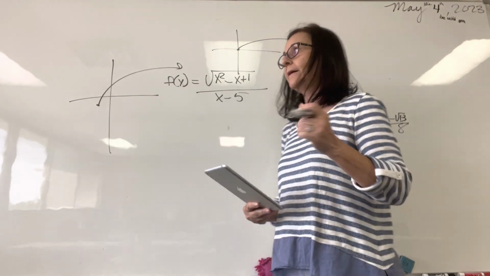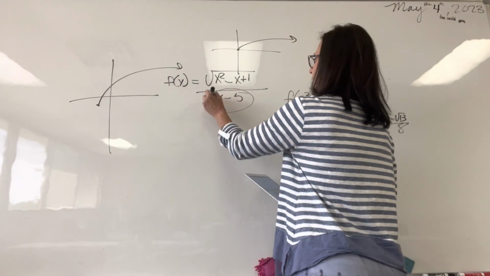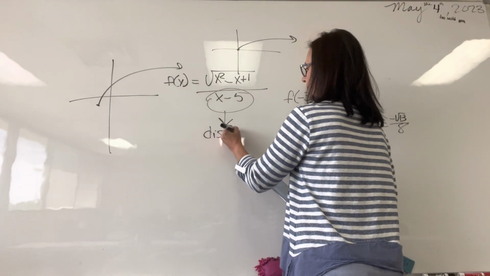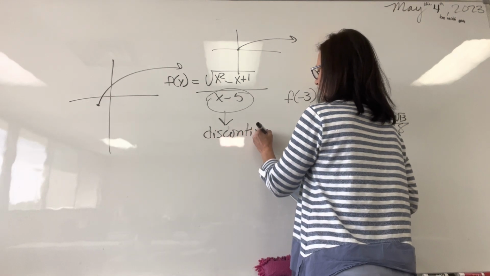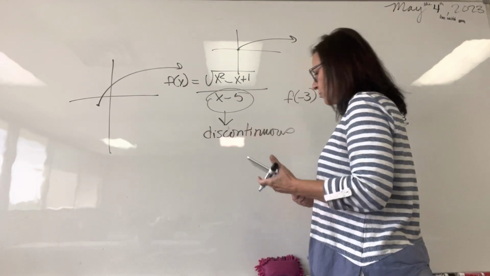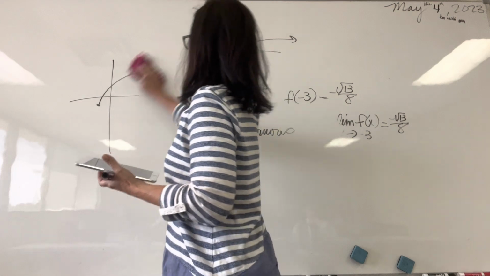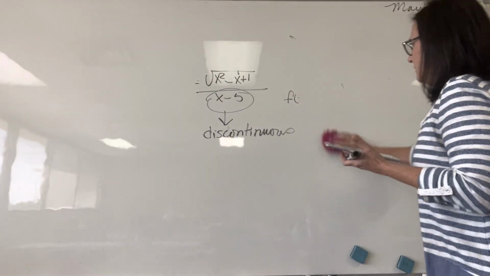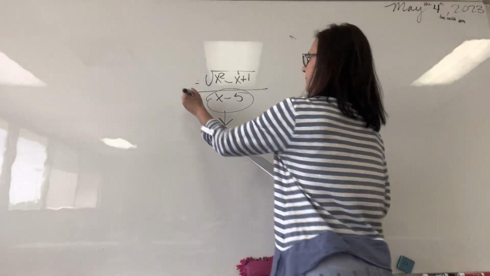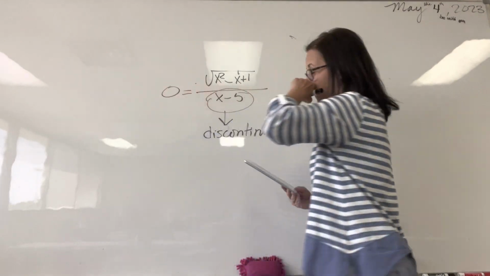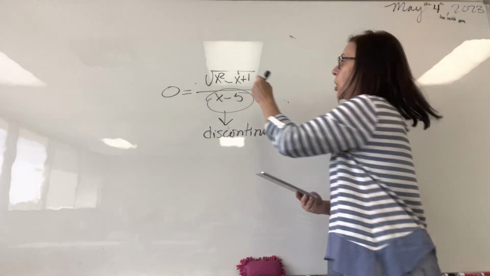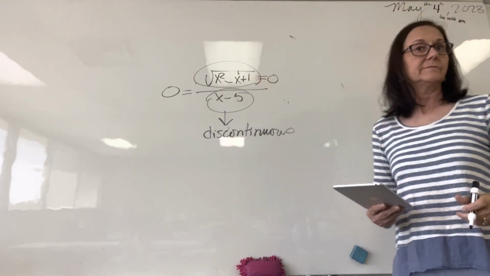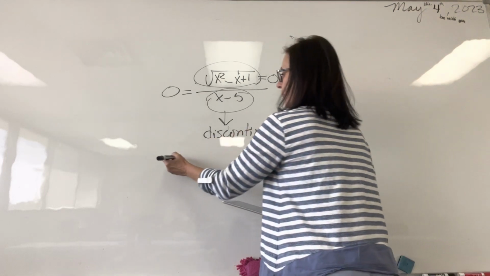Okay. Hang with me one more time. All right. So this is where it would be discontinuous, right? When would this equal 0? Okay, it's only when the numerator equals 0. Okay, I'm going to write this out separate.